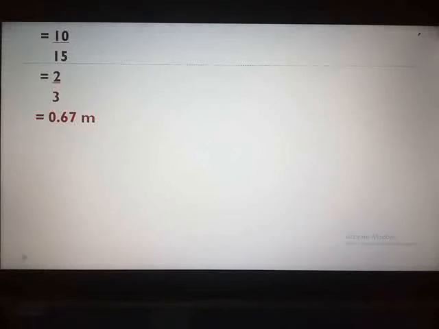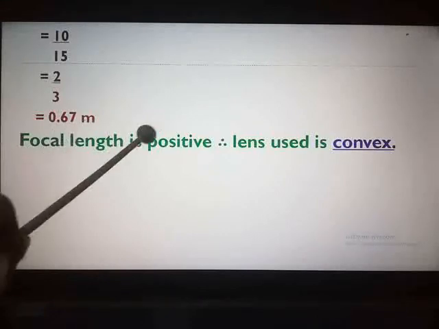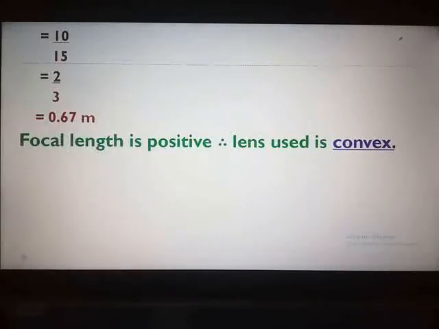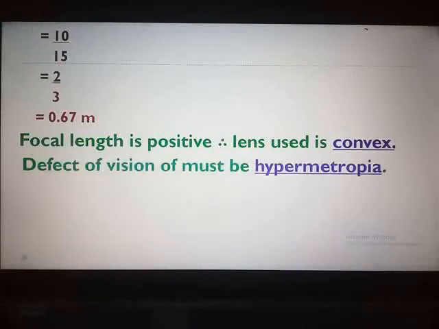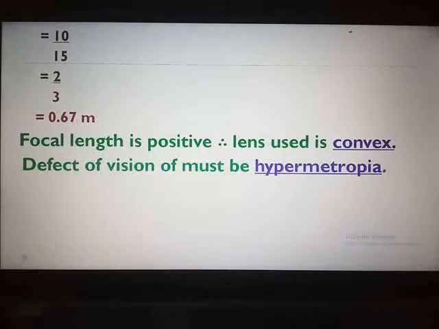Now you can see here focal length you have got is positive. So when focal length is positive, which type of lens is it? It is a convex lens. So you have to mention focal length is positive, hence the lens used is convex. And they have also asked what must be the defect of vision. So when convex lens is used, then the defect of vision must be hypermetropia.